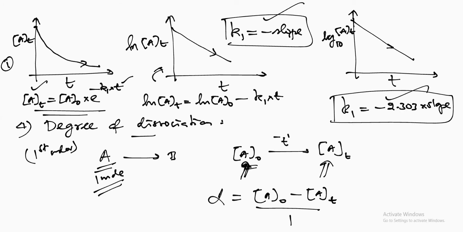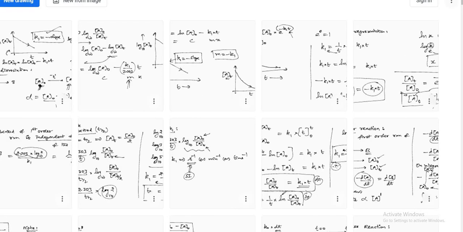Or we can also write alpha as A0, keeping this A0 as such, and in place of A t, you know very well what A t is: A t is nothing but A0 into e power minus k1 into t. I have A0 here and A0 here, so I'll take A0 as common. So alpha is equal to A0 into 1 minus e power minus k1 into t.